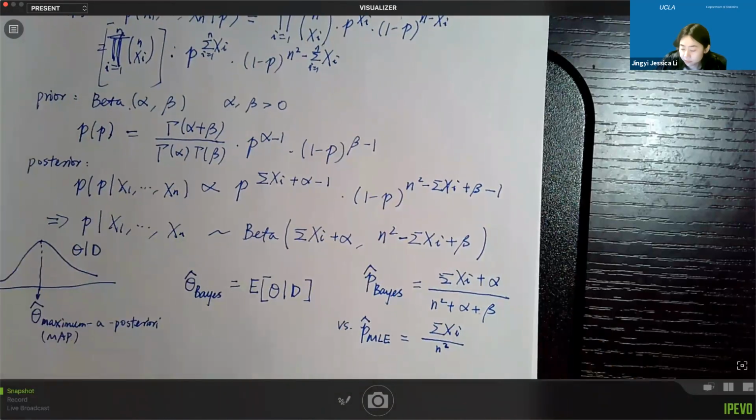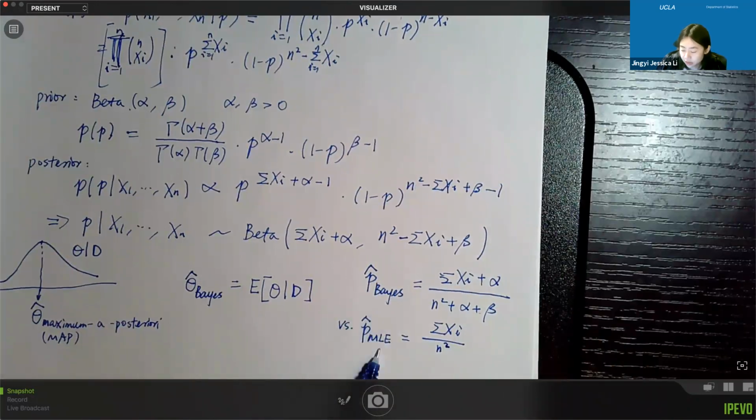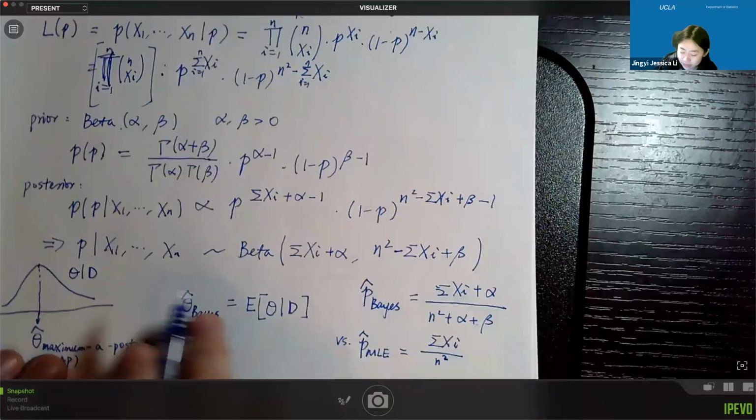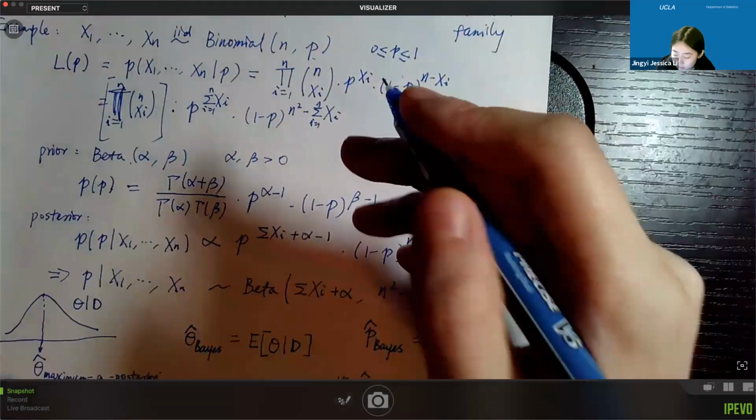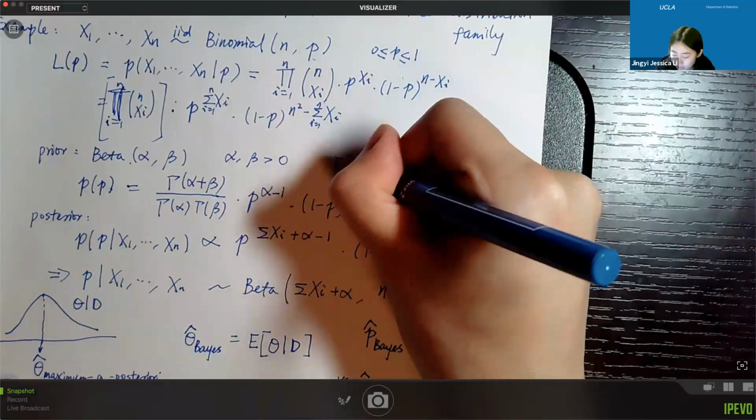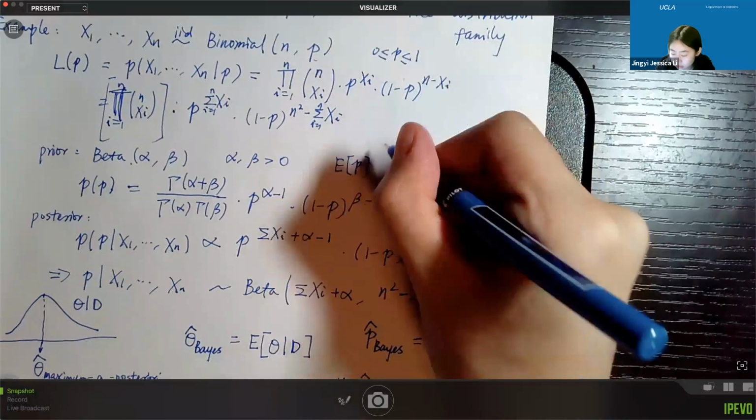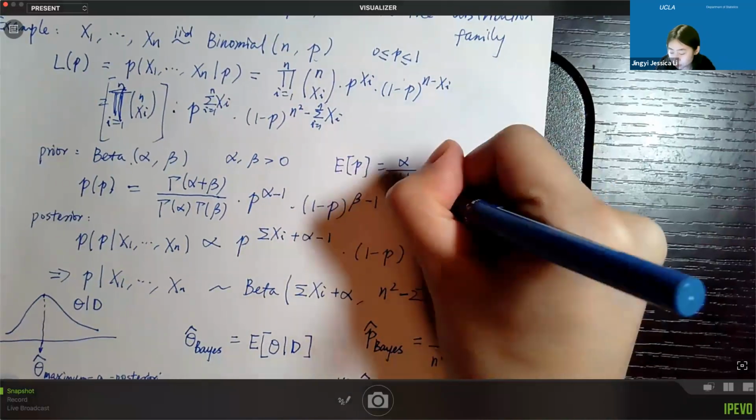So comparing the Bayes estimator to the MLE, they differ in that the Bayes estimator has a constant alpha added to the numerator, and constants alpha and beta added to the denominator. In the prior, its expectation is alpha over alpha plus beta.